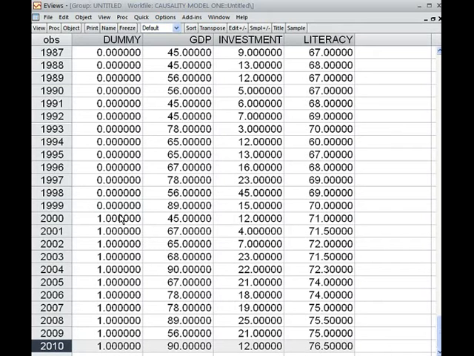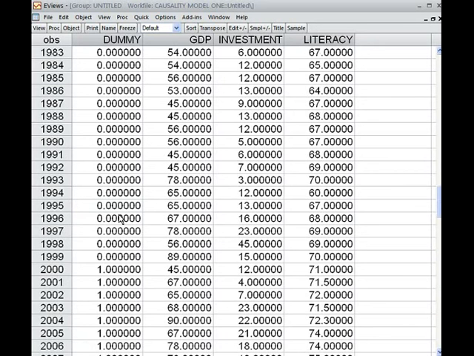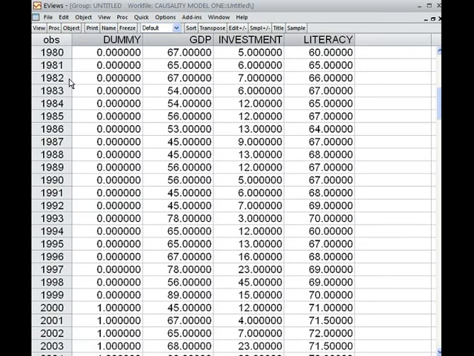So what does 0 mean and what does 1 mean? From 1980 until 1999, Maria Land was not a welfare state.